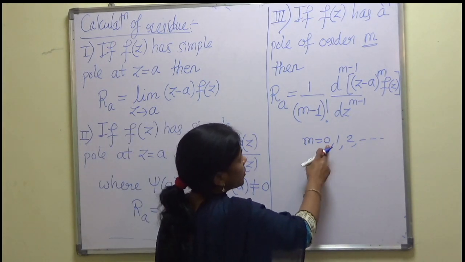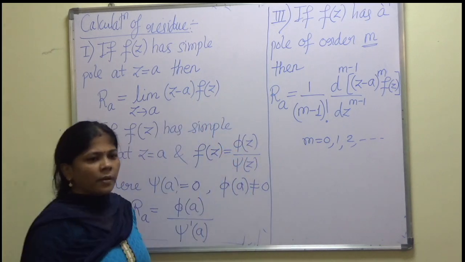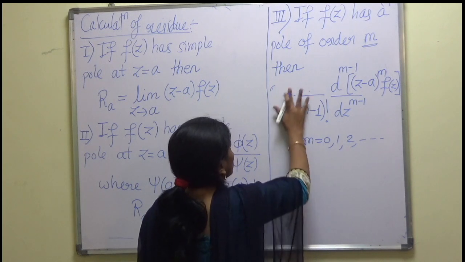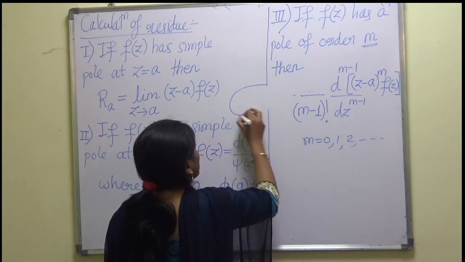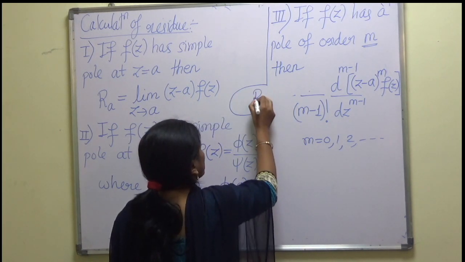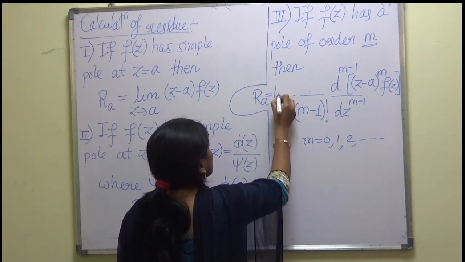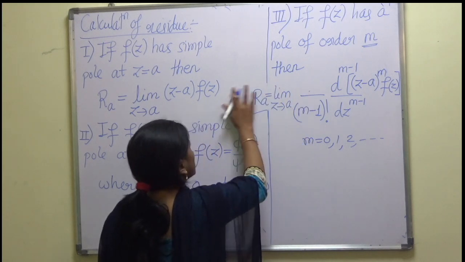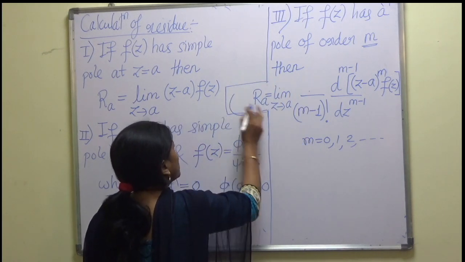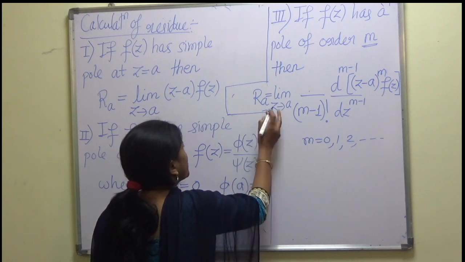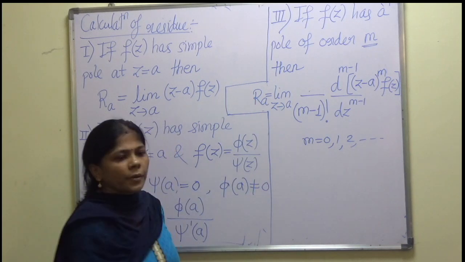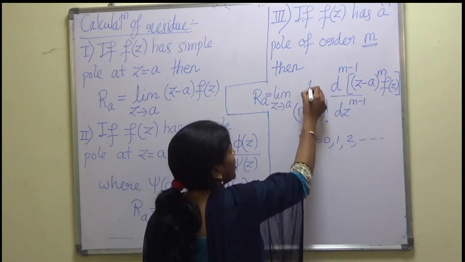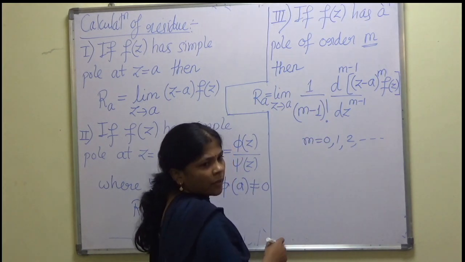If I put m equal to 1, I will get the first one. And here the limit z tends to a is missing, sorry. So the residue at z equal to a is the limit as z tends to a of 1 upon (m minus 1) factorial, which is a constant term.